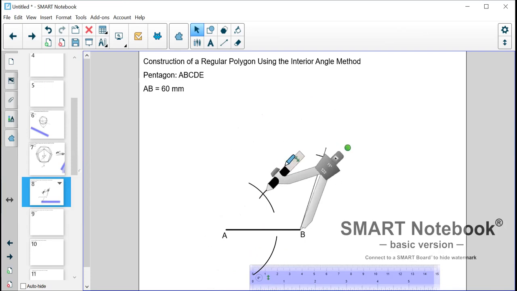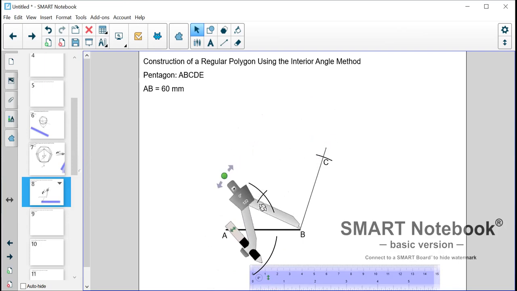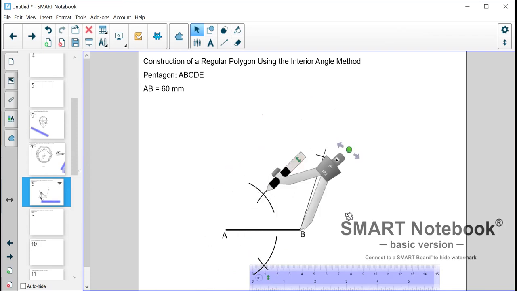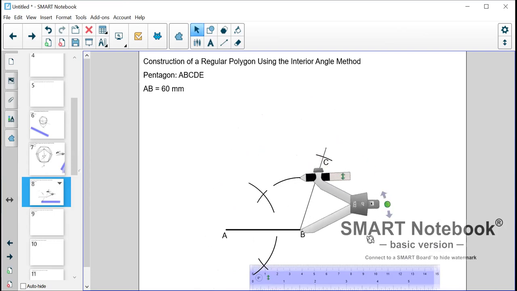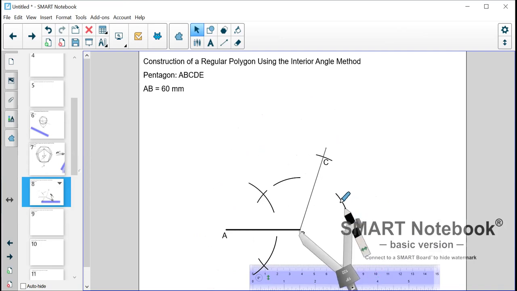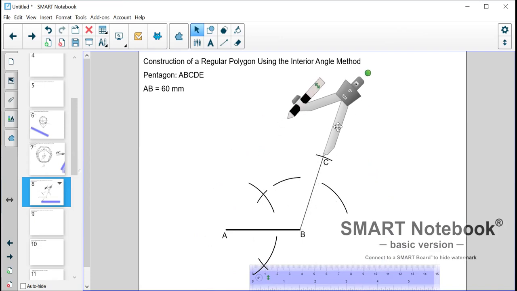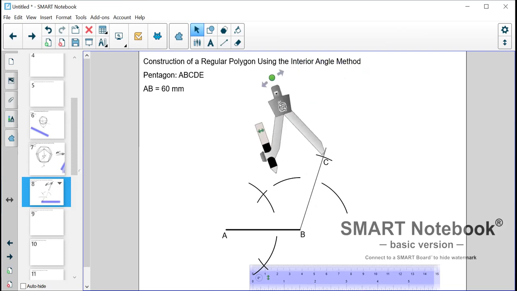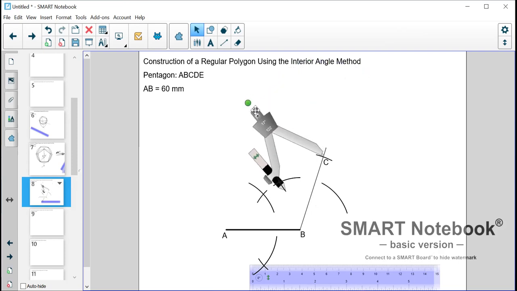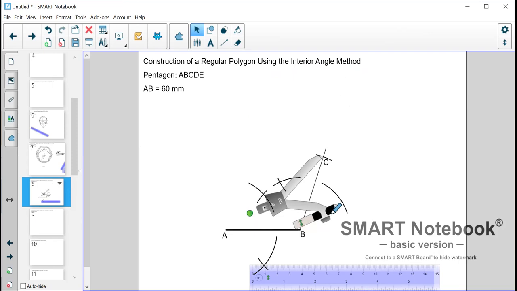Let's complete AB first, and then we go to BC. Good. So we have the intersections.